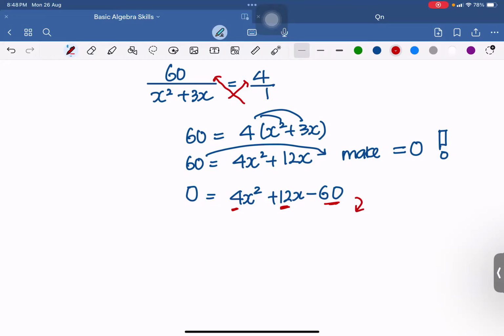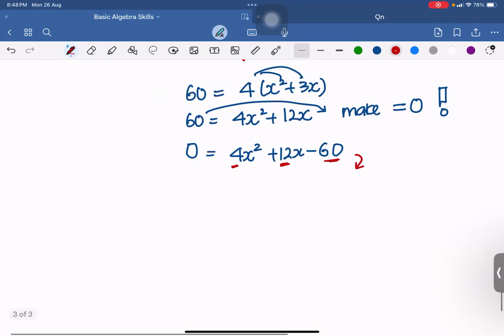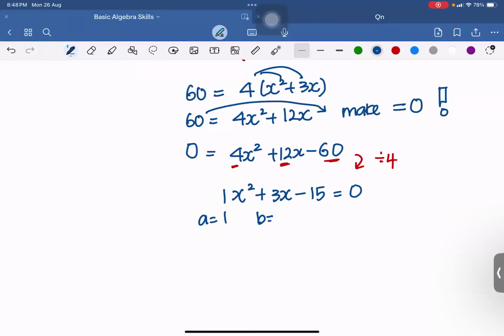But if a word problem says simplify or reduce it, then you need to divide by 4. If you divide by 4, it becomes x squared plus 3x minus 15, since 60 divided by 4 is 15. Then we use A equals 1, B equals 3, C equals negative 15.